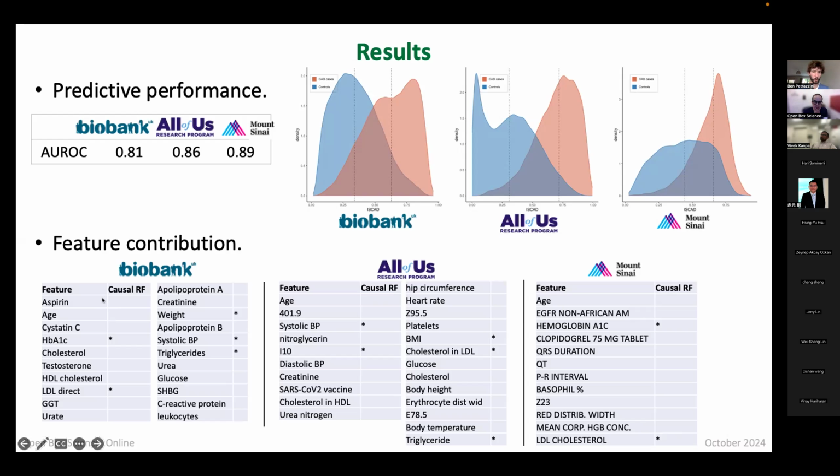So in that sense, we also assessed the feature contribution for each of the models. And we have some secondary analysis in the paper showing that causal risk factors may play an important role in identifying disease mechanisms that involve traditional risk factors for CAD.